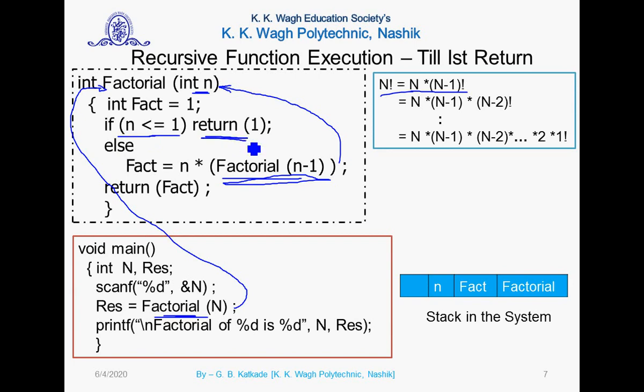The return statement will return the value 1, since we know that the factorial of 1 is 1, which is why it is written 1. Return should complete the execution of the function factorial, but that doesn't happen. The execution will be slightly different. How does it happen? Let us see how these things are managed inside the system. The system has something called a stack, a memory area.